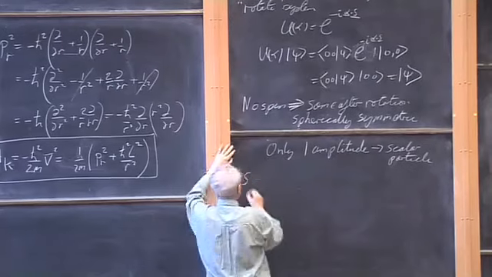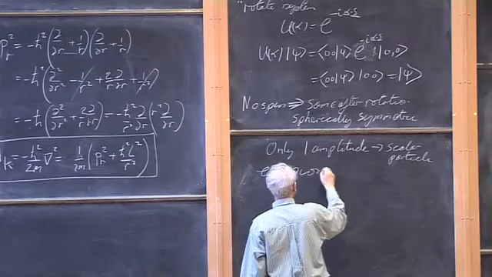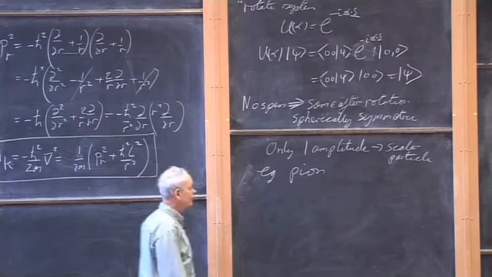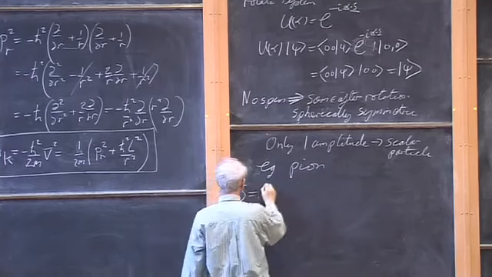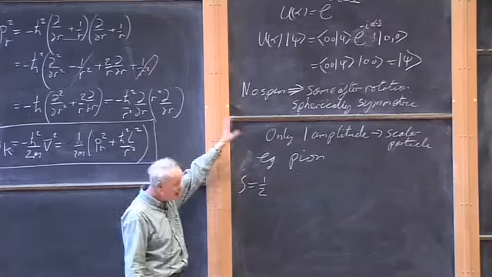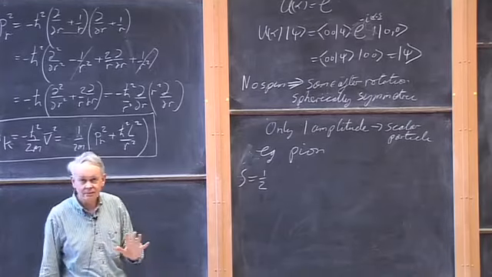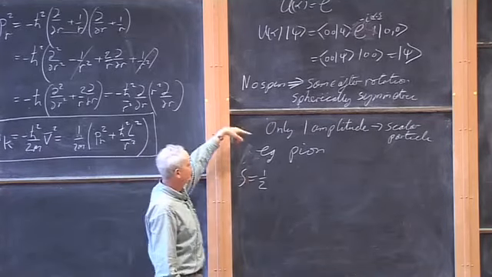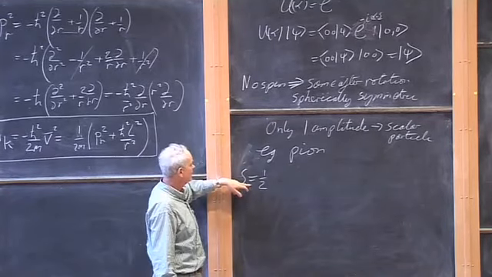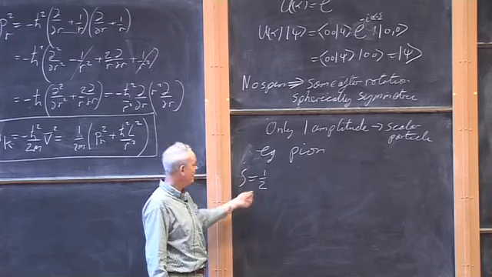For an example, a pion is an elementary particle which is a scalar particle. Right, let's do S equals a half. Unfortunately, there's not much in physics that's a scalar particle or a scalar field. This is a rare case. The really important cases are S equals a half and S equals 1. And we're all built out of S equals a half particles.